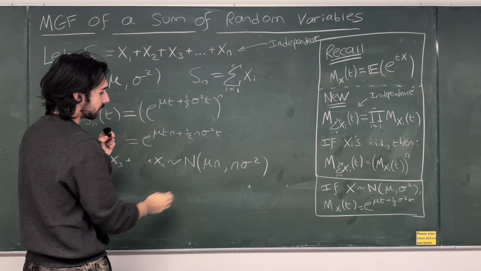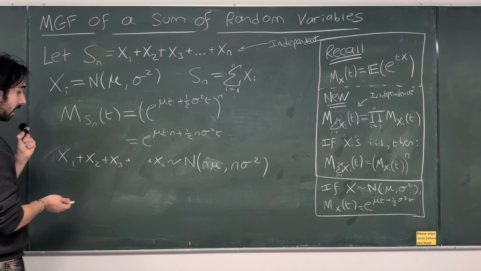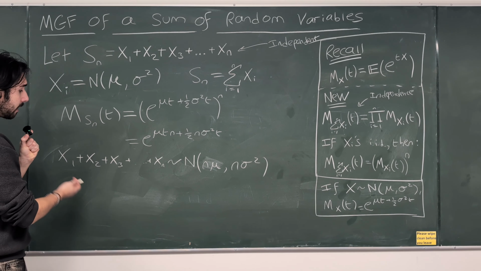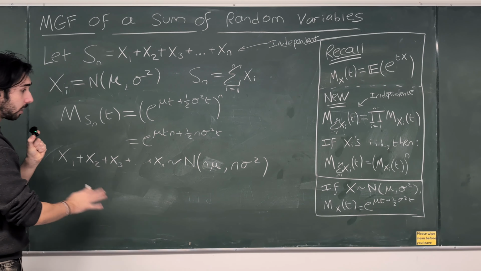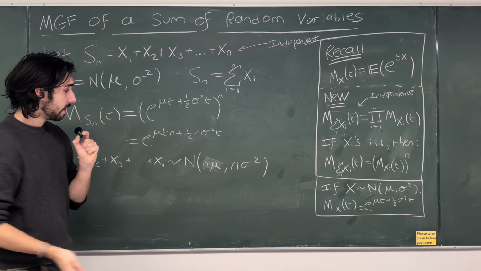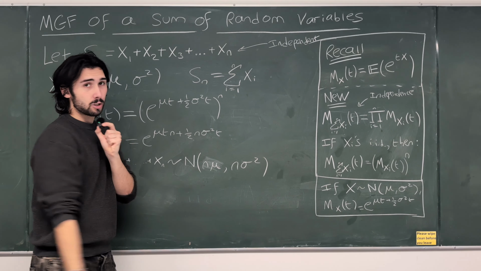Just to make this a bit more satisfying, I'll swap these two around as well. So this is actually really cool because what I've shown is that if I add together n identically distributed normal random variables that are independent, then what I have is a new normal random variable. I've just changed the mean and I've changed the variance.